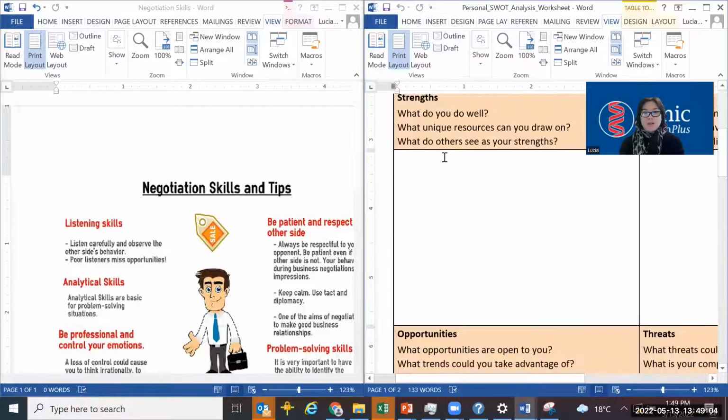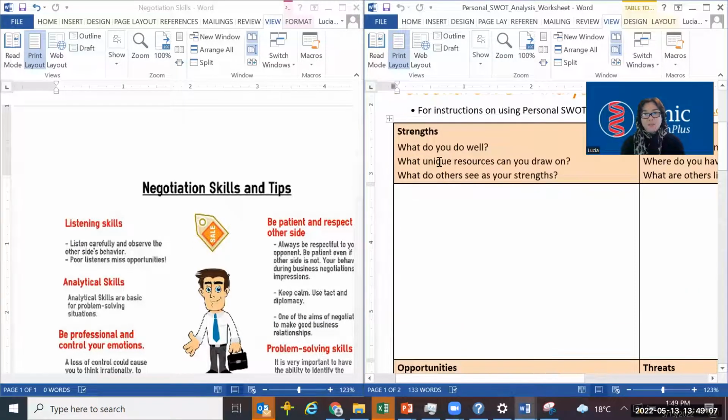So this template wants me to write down my strengths. I'm not saying that I'm very poor in listening, but I'm also very good at observing other people's behavior. So I think my strength is I do listen, but I think I would say, to be very specific, observing other people's behavior is a strength for me.